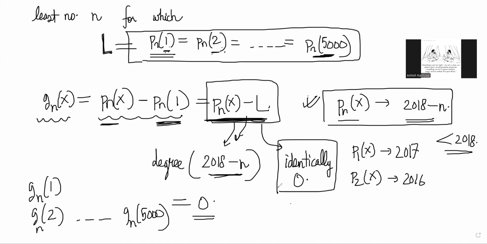So the only way that can happen is basically, n has to be 2018 then, right? If n is 2018, then the degree of the polynomial will be 0, right?